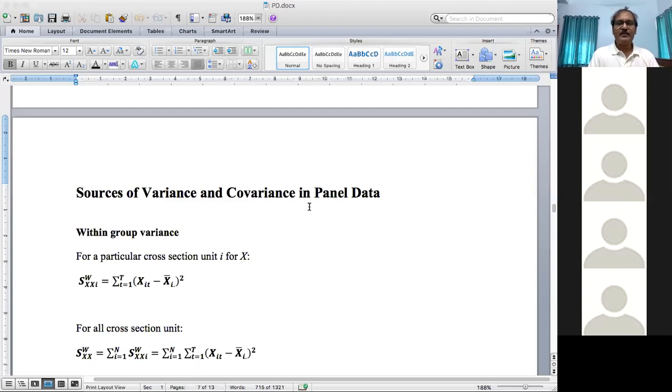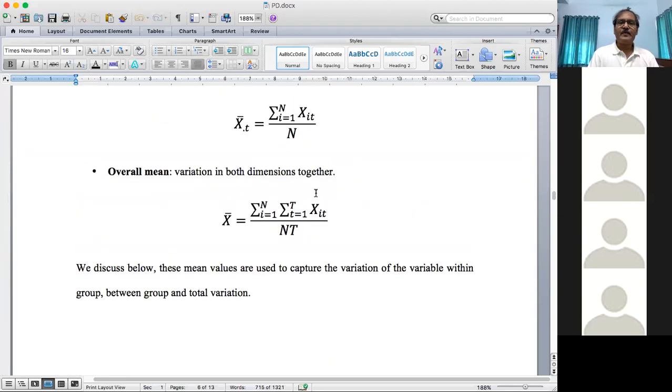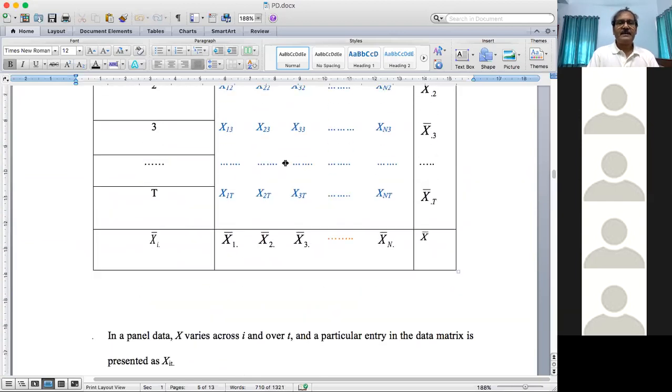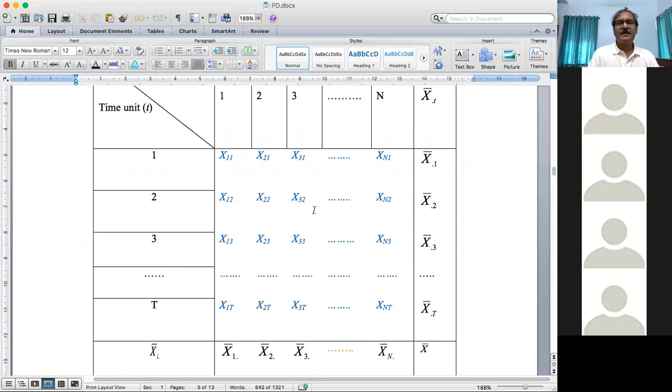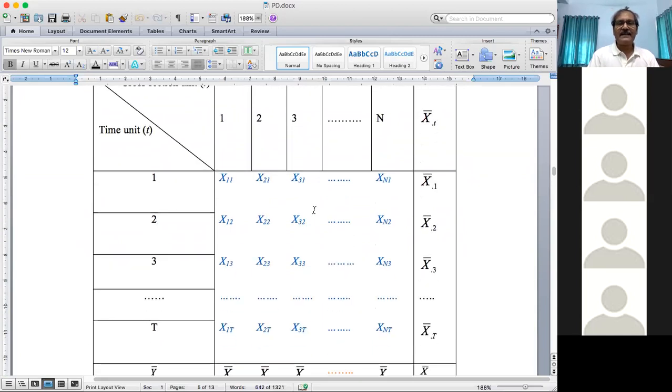So before going into detail in the models, let us start with the structure we have provided in the last class. So to understand the different steps, you have to keep in mind this basic structure of the data matrix, because it will help you to understand what we are trying to do.